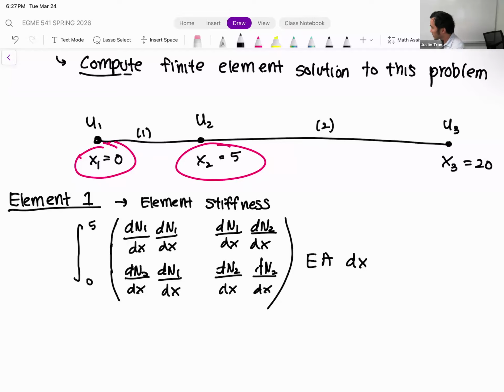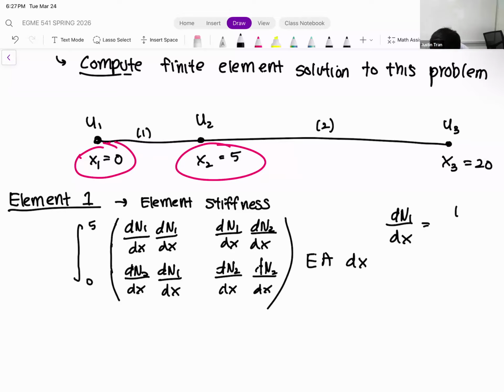Once we plug in for the shape function derivatives, it simplifies quite a bit. If you look back in your notes, we covered this maybe 45 minutes ago. We had expressions for dN1/dx and dN2/dx because we were using our linear shape function.